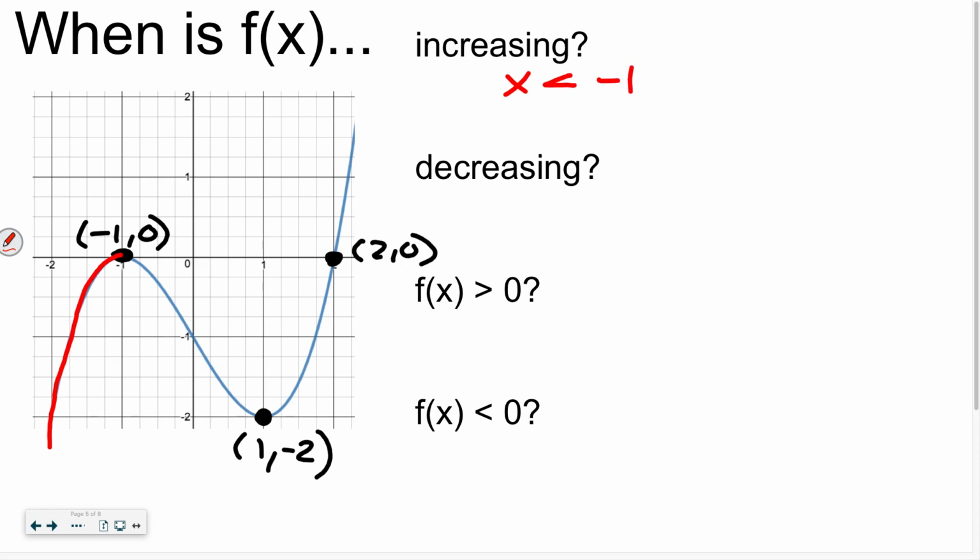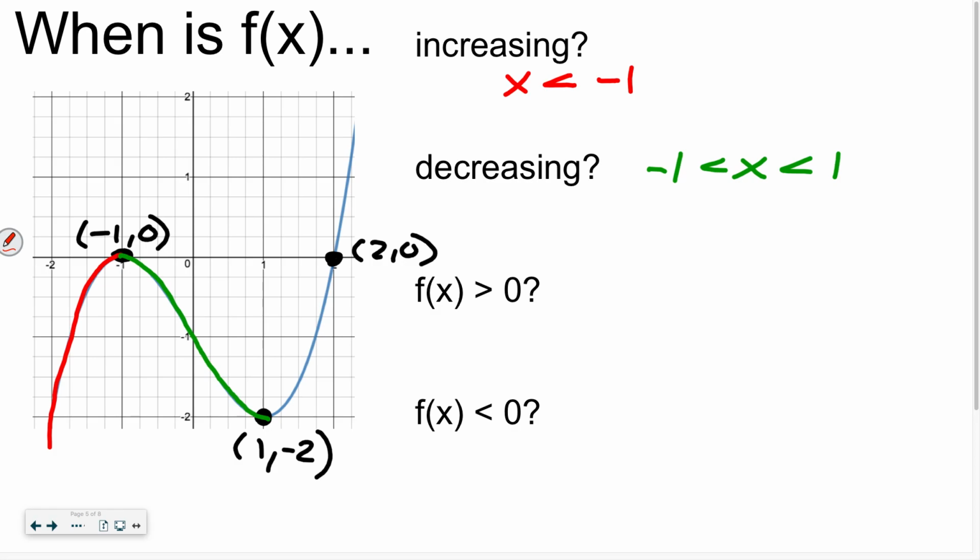What happens when I start going greater than -1? I decrease. And I'm decreasing from -1 all the way to what value? 1. I'm going to say -1 is less than x is less than 1. So in between this max and min, that's where I'm decreasing.